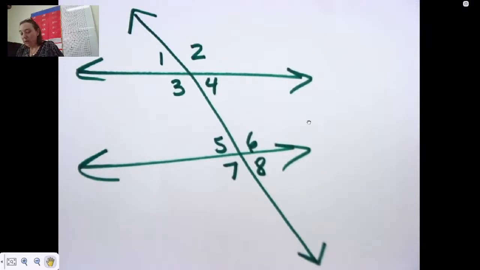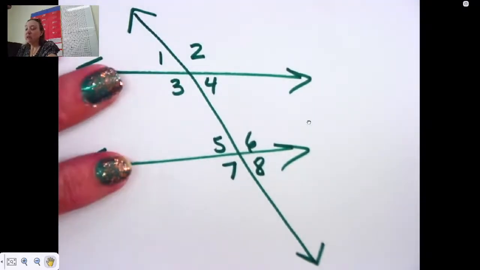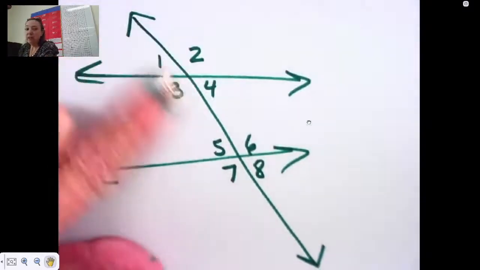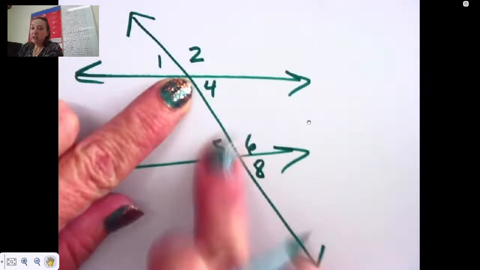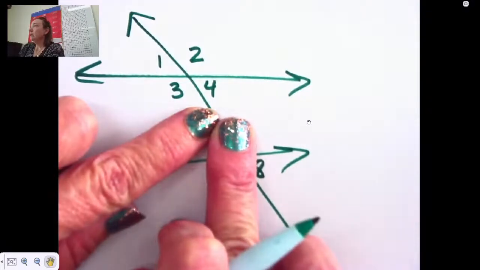So today we're going to talk about some angle relationships when you have lines that are crossed by 1 line that create these angle pairs. Because these 2 lines are not parallel to each other, these angles here and these angles here do not have a direct relationship to each other.